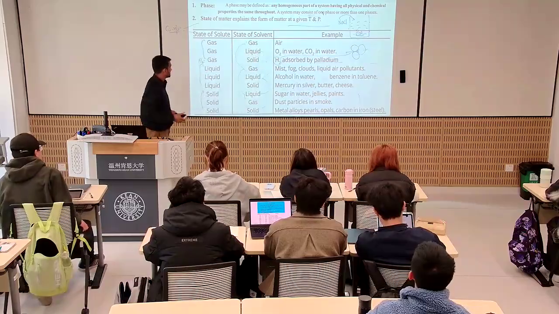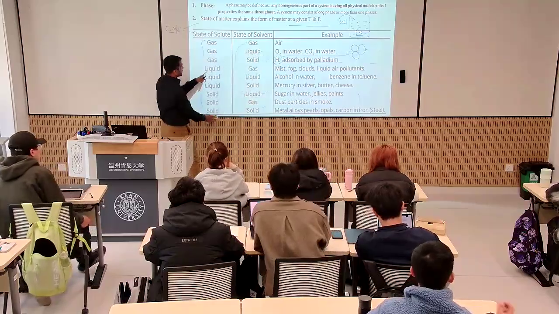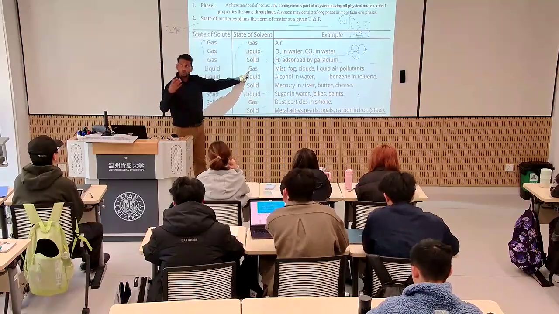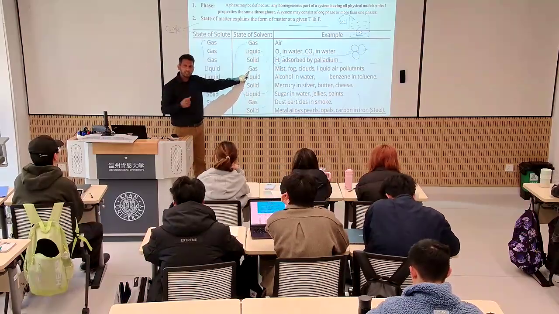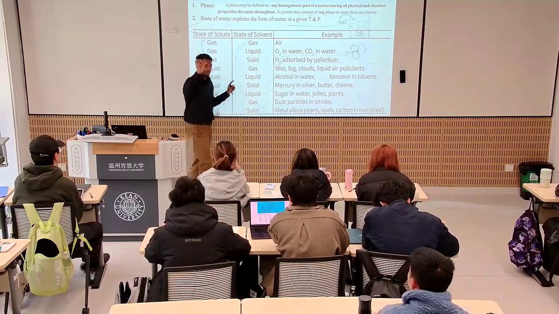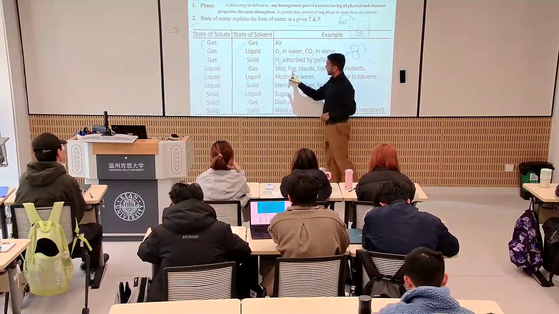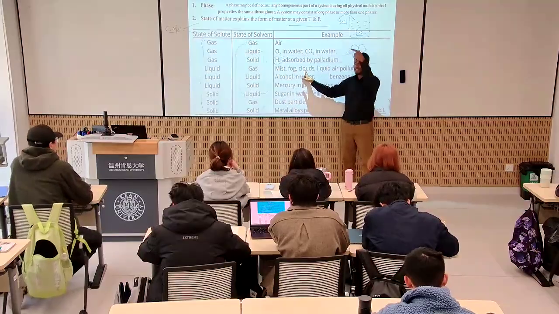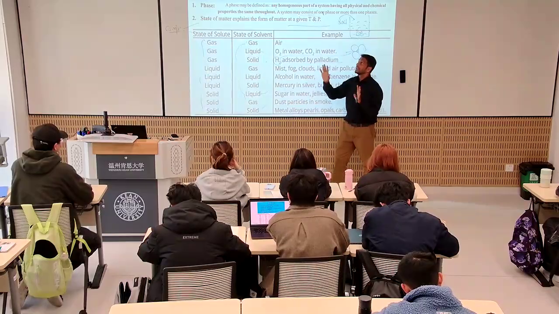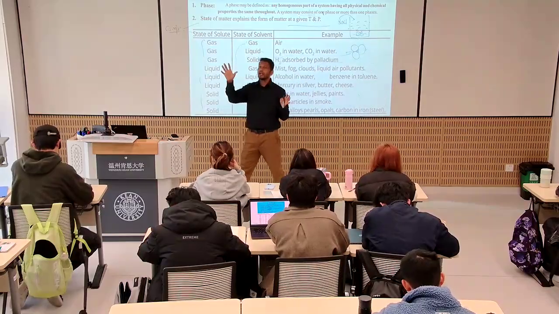Next, liquid in gas. You know the clouds. What are clouds? Water evaporates and forms fine mist, fog, or clouds. They are water in gas. Here, we still have a lot of water vapors.